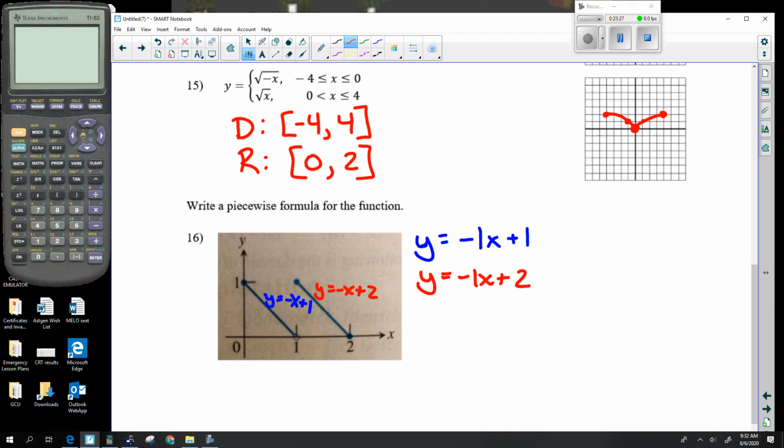All right, now let's put all the other stuff to it. I'm using number 15 as my example. So y is equal to. The first equation, the blue equation, is -1x plus 1. Now, where does that occur?